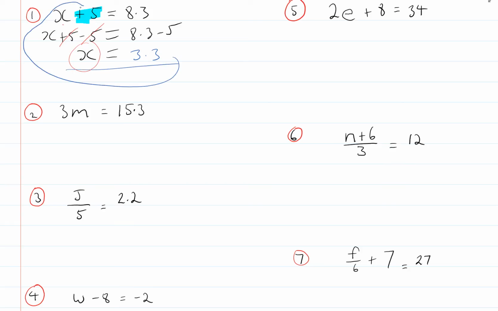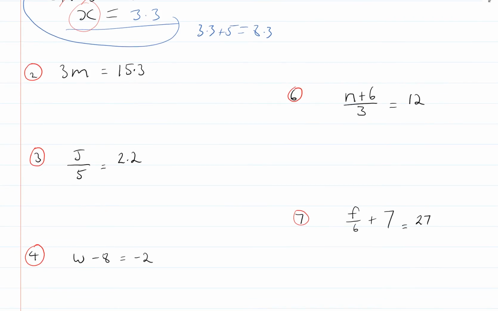Instead of x, I put 3.3 plus 5, and that's equal to 8.3, which is what we got here. So it works. It's a bit trivial to do it to such an easy equation, but that's the same concepts that we build on later on.